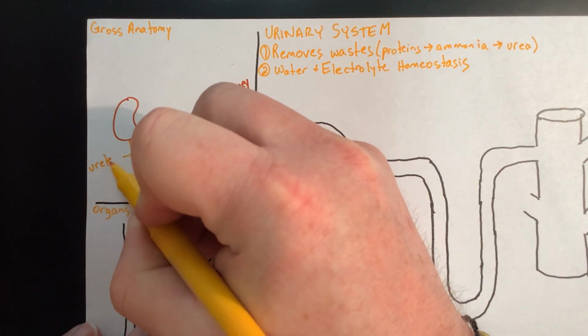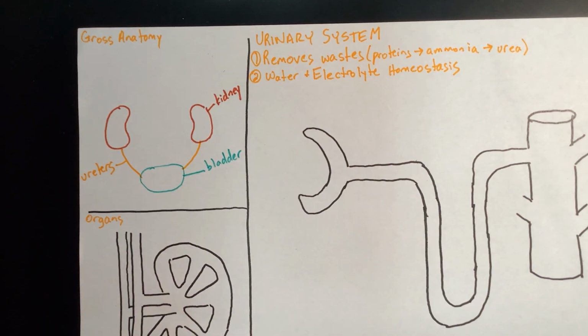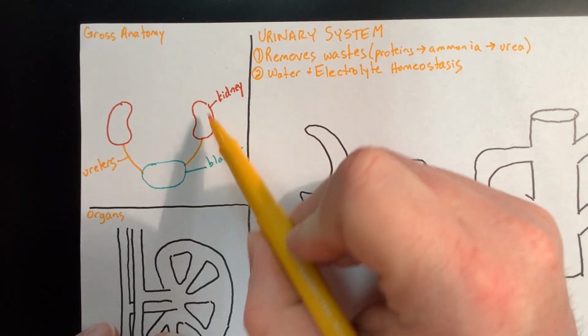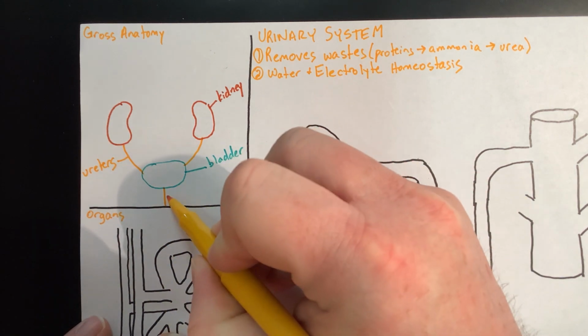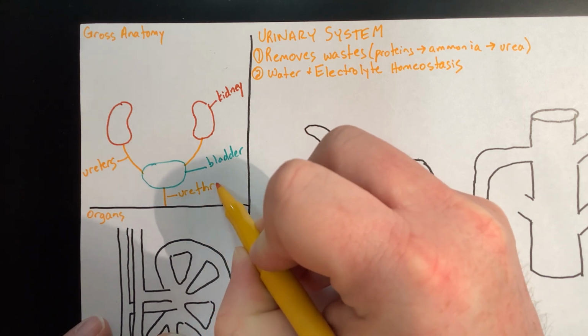Imagine them being about the thickness of a spaghetti. So urine is made in the kidneys, gets to the bladder through the ureters, and then from the bladder to the outside of the body through another tube called the urethra.